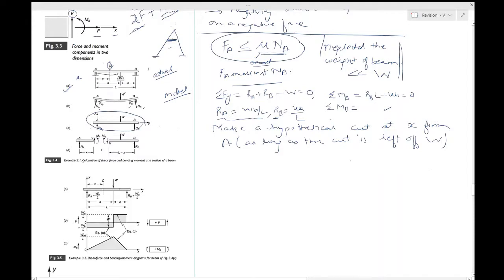The whole idea is that this W should not be on your left side. I mean, it can be, but we are just taking this approach right now so that this becomes more clear.